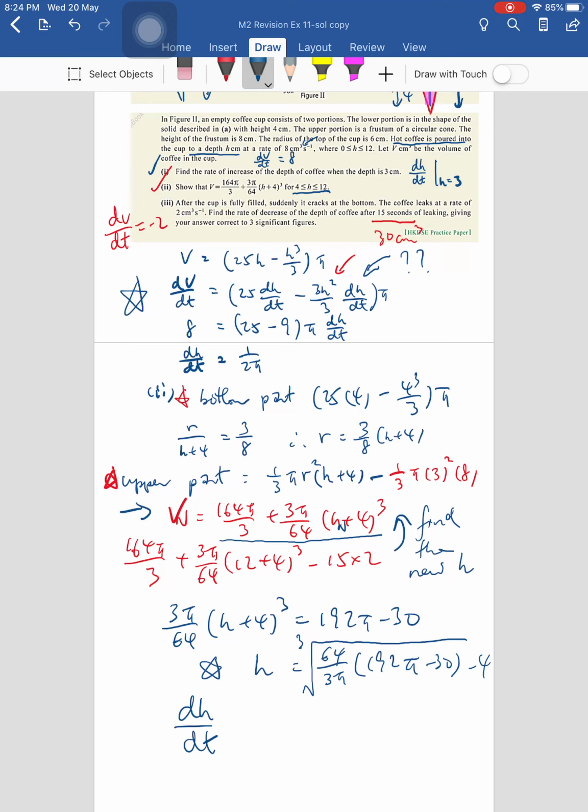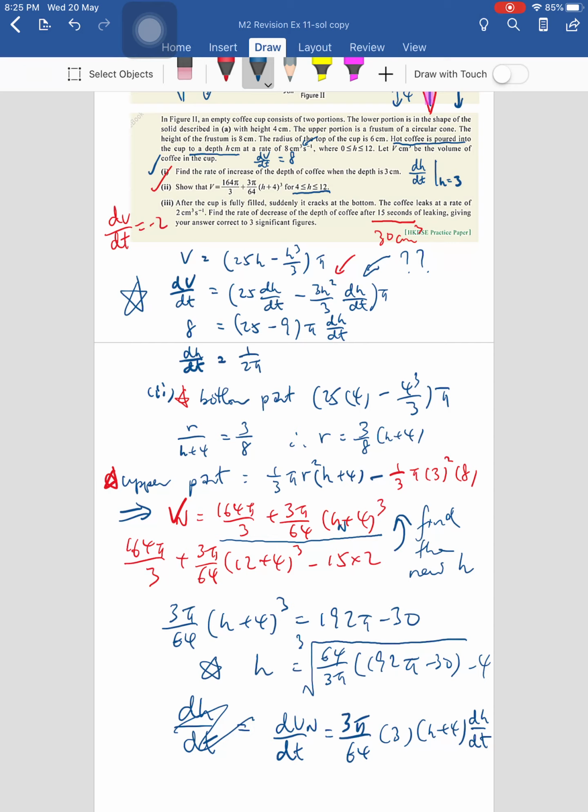Okay, so you are going to divide it by here. dv dt, sorry, I do this part first. dv dt, the new, okay, this is constant, 3 pi over 64 times 3 times h plus 4 squared times dh dt.